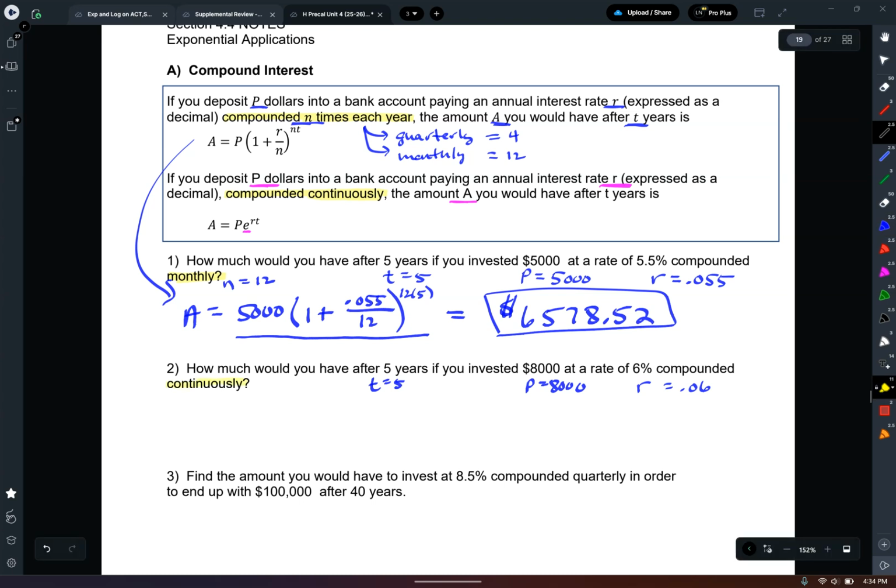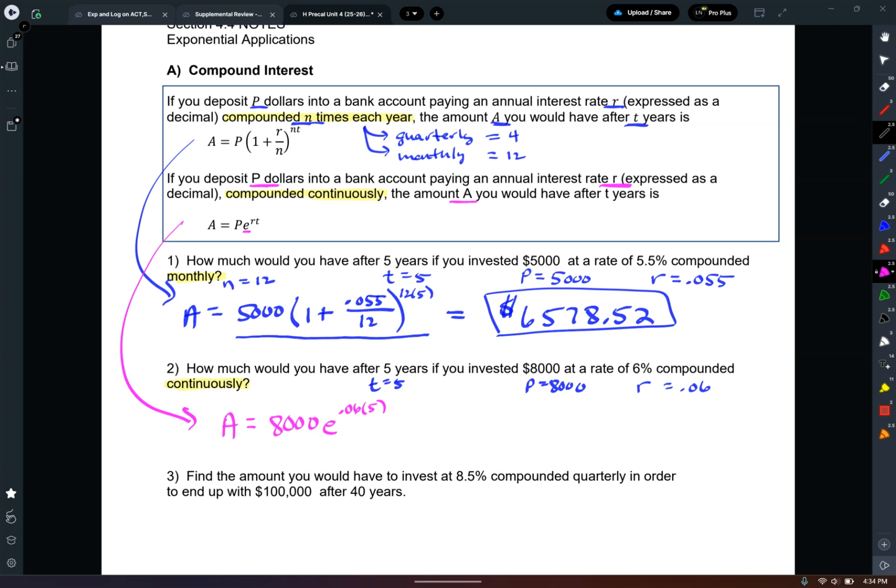So because it says continuously, that's how you know you're going to use this second formula. So A is what we're trying to figure out, equals, P is the amount you start with, 8,000. Then the E stays because the E is that exponential number, that 2.7 number. And this is raised to the R times T. So to the 0.06 times 5.